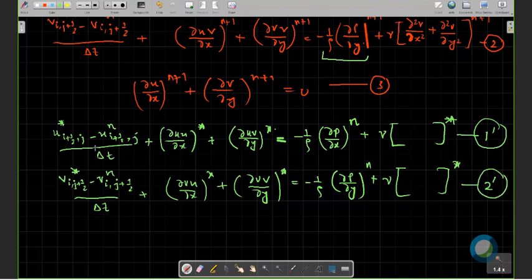Okay. So what we can do is we assume a pressure field and from this assumed pressure field iterate this equation 1 prime and 2 prime to get u star. Okay.